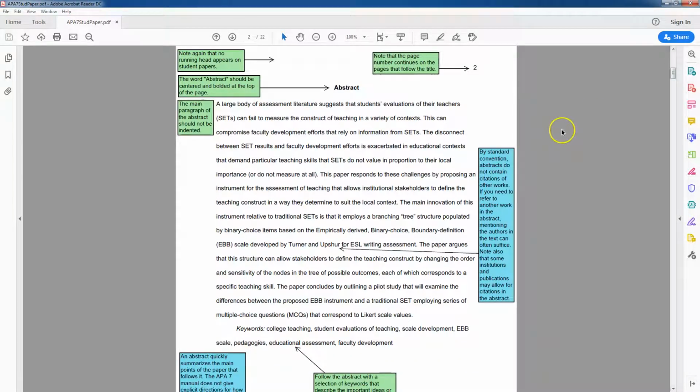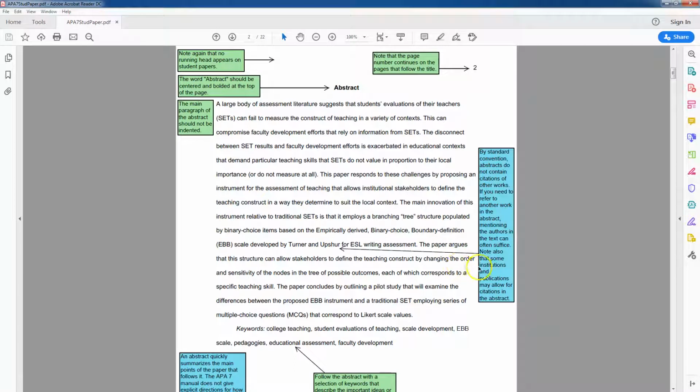So APA papers, generally speaking, unless your professor tells you otherwise, have an abstract. You'll notice that there's a page number in the top right-hand corner, no running head, and the word Abstract is bold and centered, capital A. And as in the 6th edition, it is still not indented, so it should be left justified.